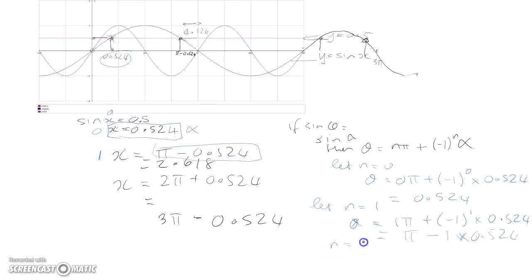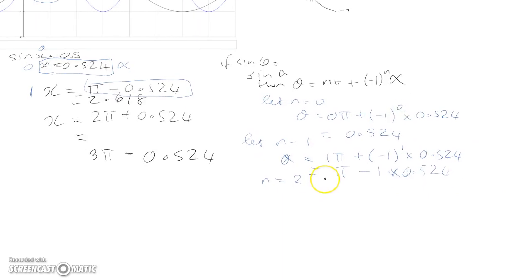Let n equal 2. Now I'm going to have x is equal to 2 pi plus negative 1 squared times 0.524, which gives me 2 pi. Negative 1 squared is plus 0.524. As you can see from my answers, it goes a positive, a negative, a positive. And this also went a positive, a negative, a positive. And here you can see if I had negative 1 to the 3, it would be a minus.